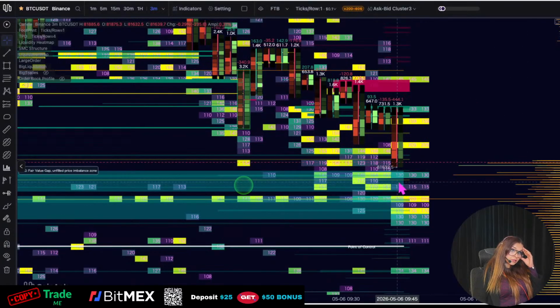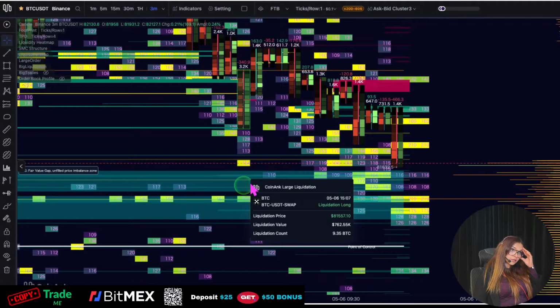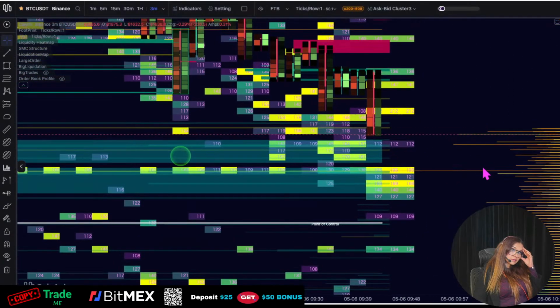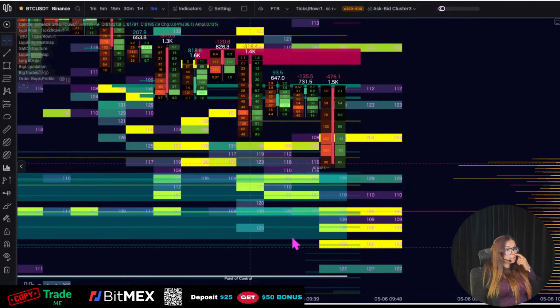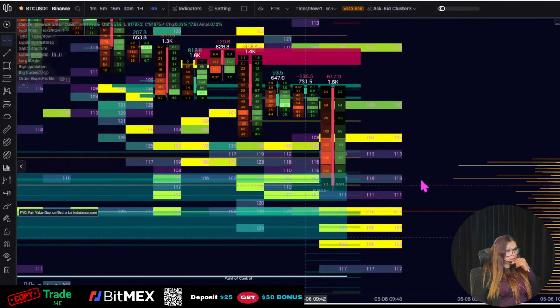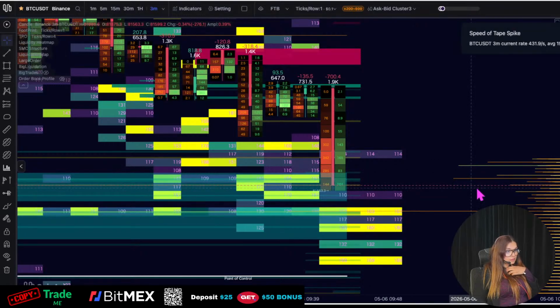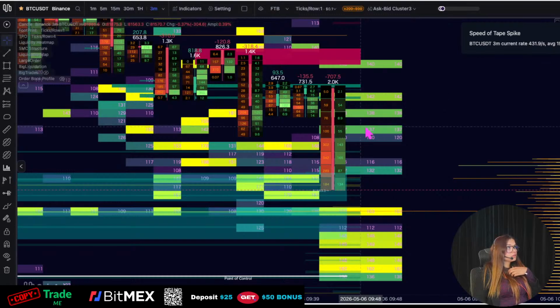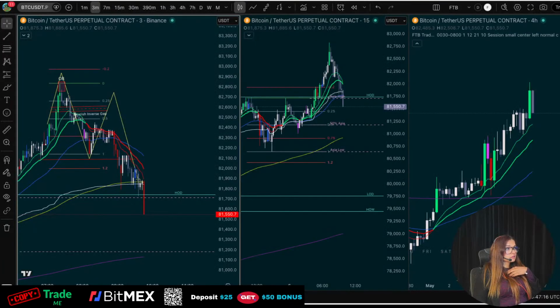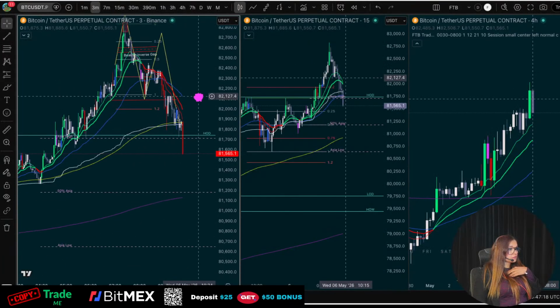This is the order block. This is the fair value gap, under here. And these guys are all getting liquidated. Look at that volume. Look at that spike increase. Jeez. Look at that candle.